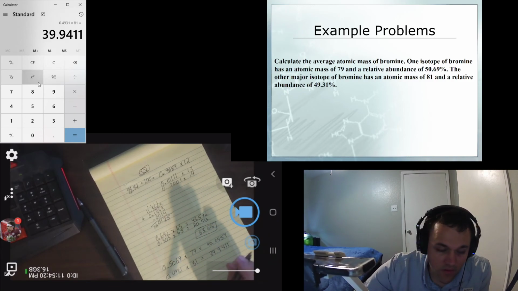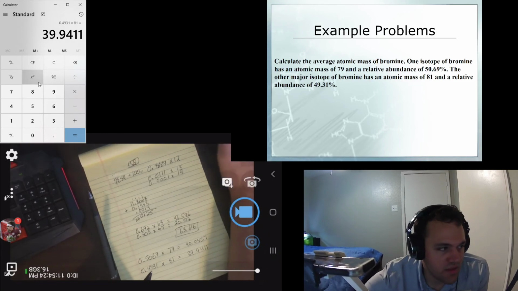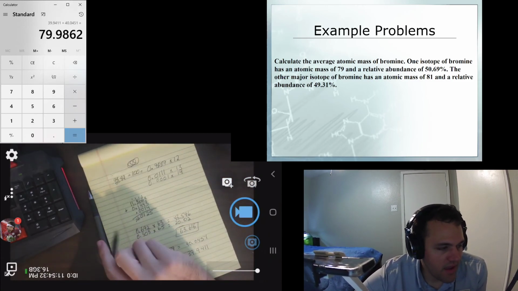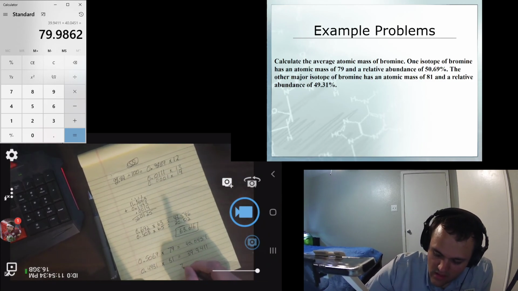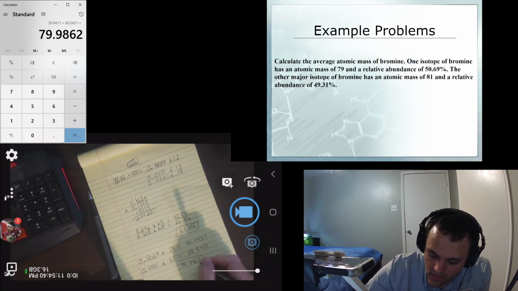Then to get our final average atomic mass, we just add those two together. That plus our 40.0451 gives us an average atomic mass of 79.9862.